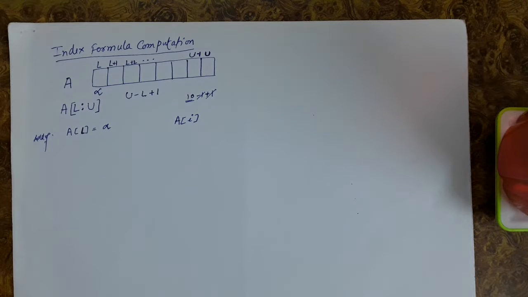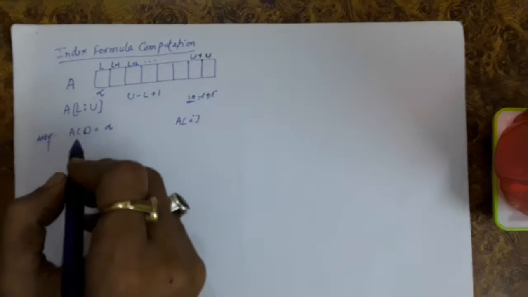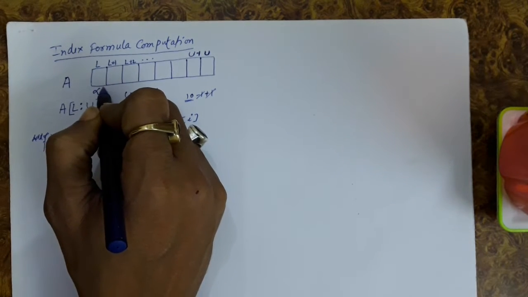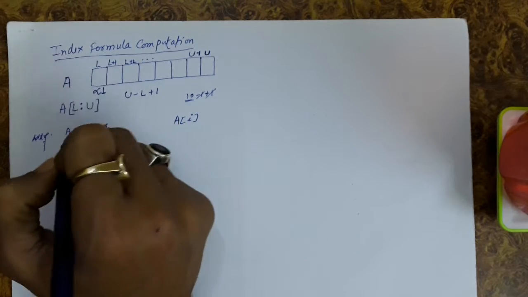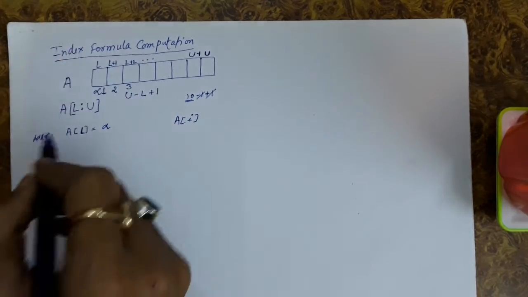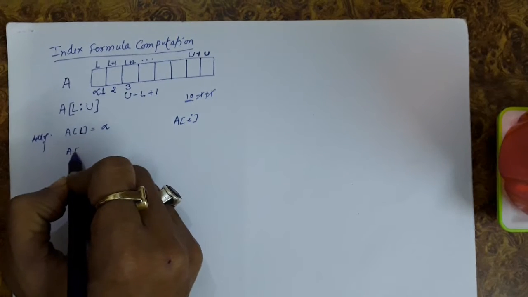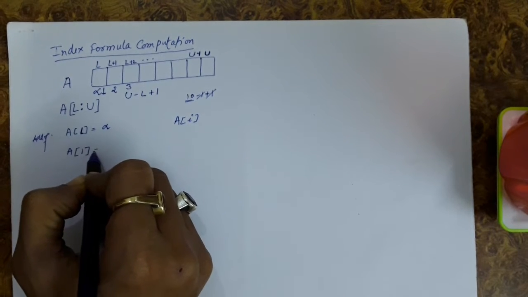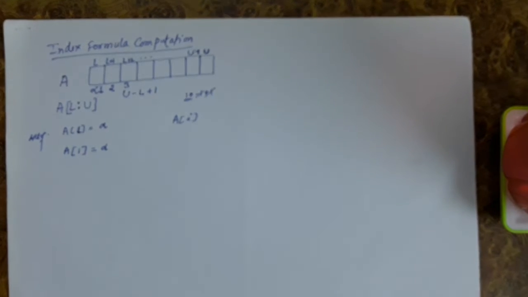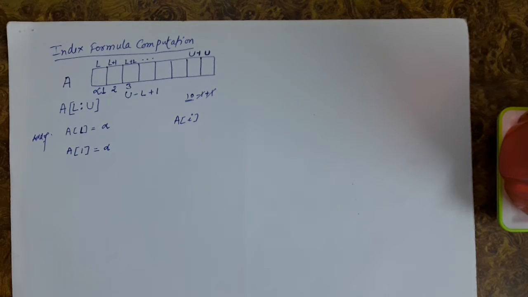For this, let's take one assumption initially. We will remove that assumption later: that my first element is at index number 1. Obviously the second element will be index number 2, and so on and so forth. So the address of the A1 element is alpha in this case, after the assumption.